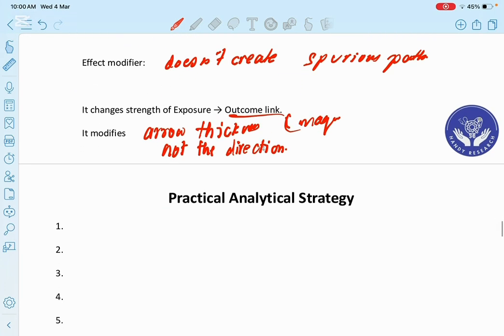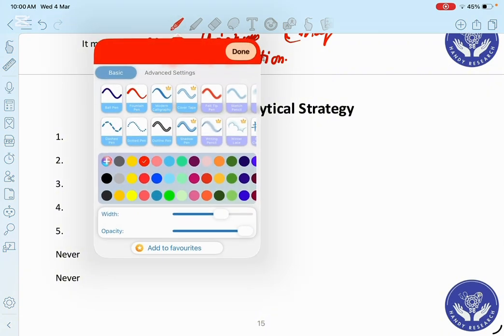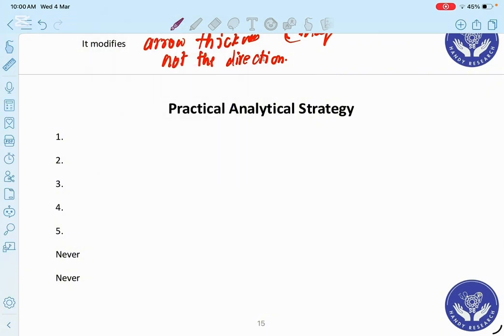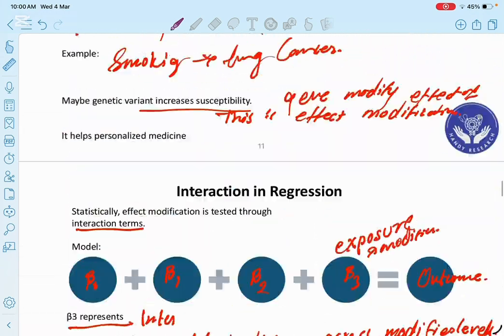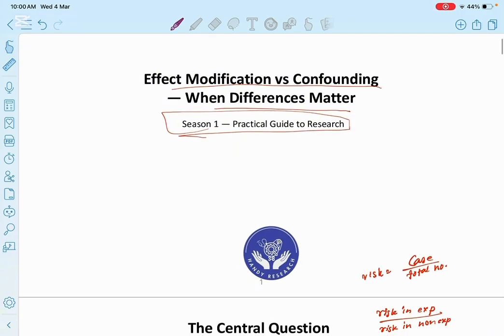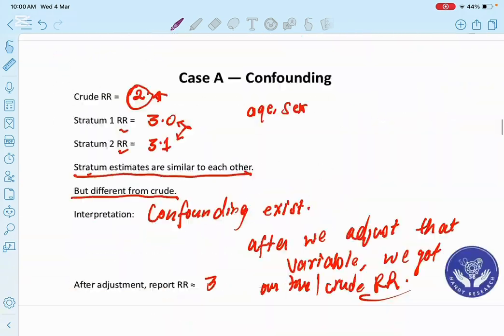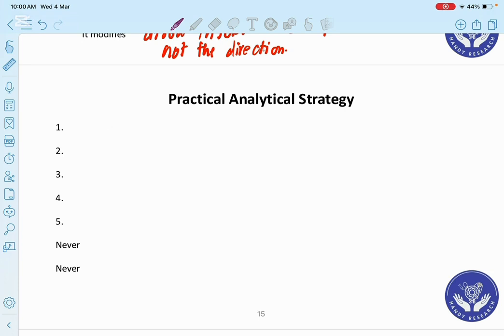Now, practical analytical strategy. What is the strategy for confounding and what is the strategy for effect modification? First, identify the confounder.